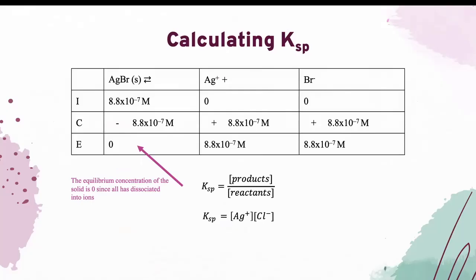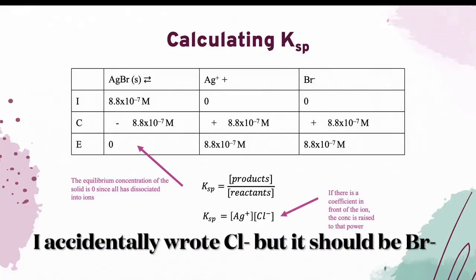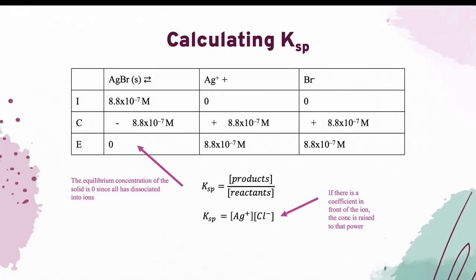So instead, we just set up our Ksp expression as the concentration of Ag plus times the concentration of Br minus. And also just a reminder, from previous videos, if there is a coefficient in front of the ion or the reactant or any other kind of product, always when you're calculating K, you need to raise that concentration to that power.